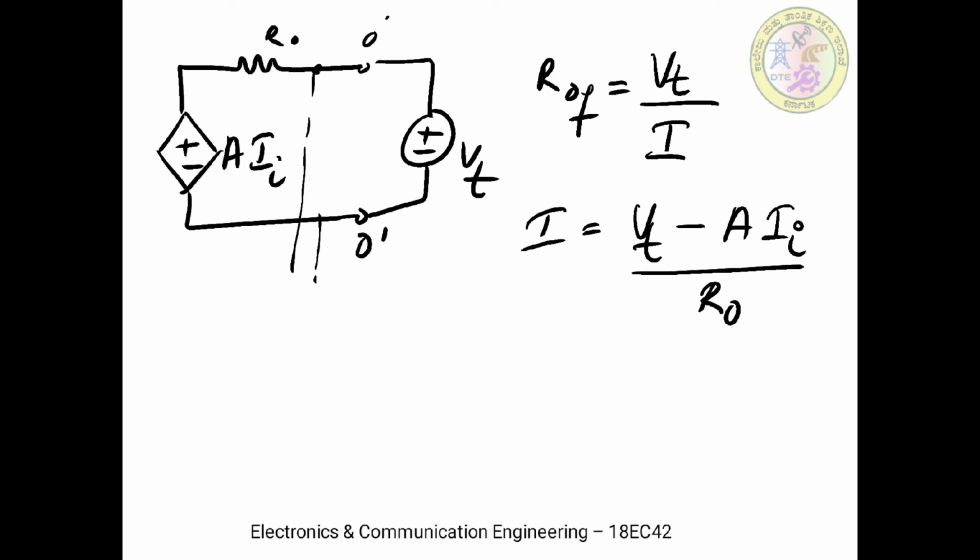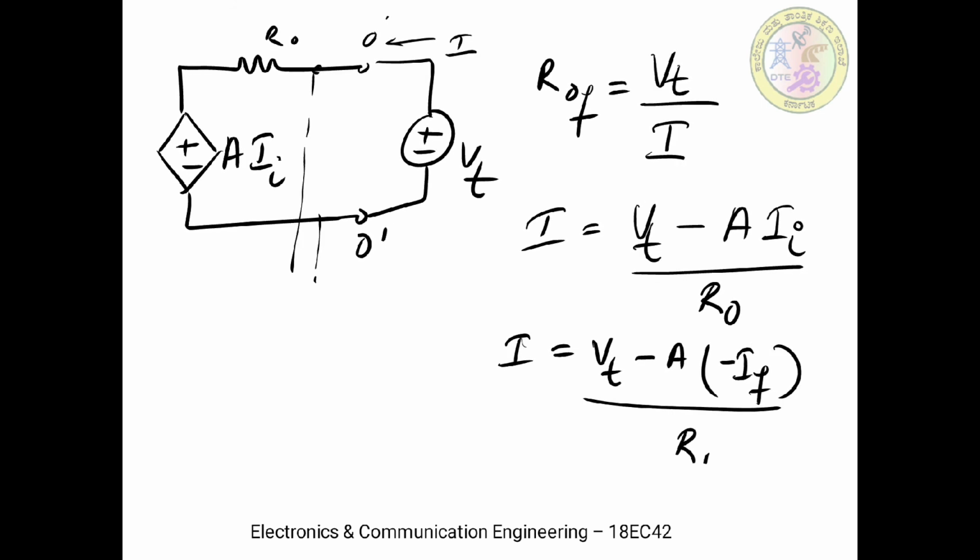A into II is a voltage source, so Vt minus A II divided by R0 will give the current I that is flowing. Now here II will be equal to minus IF.